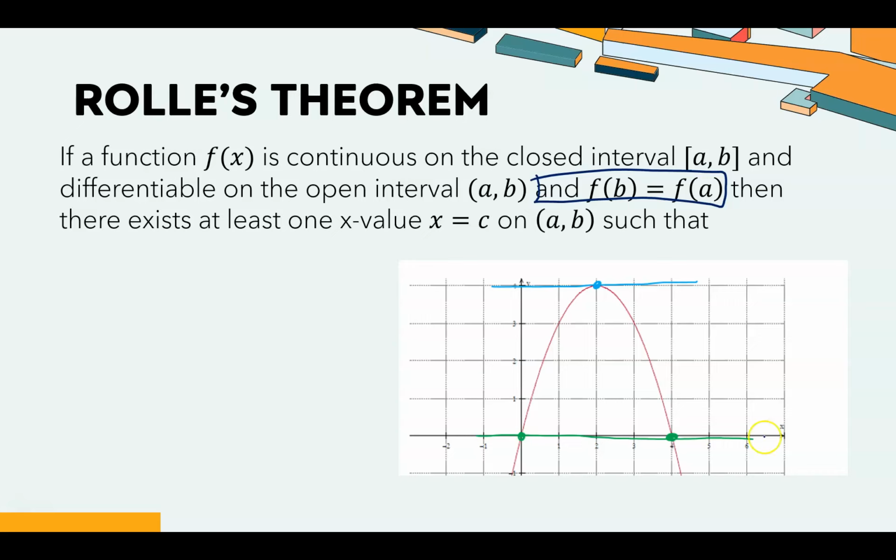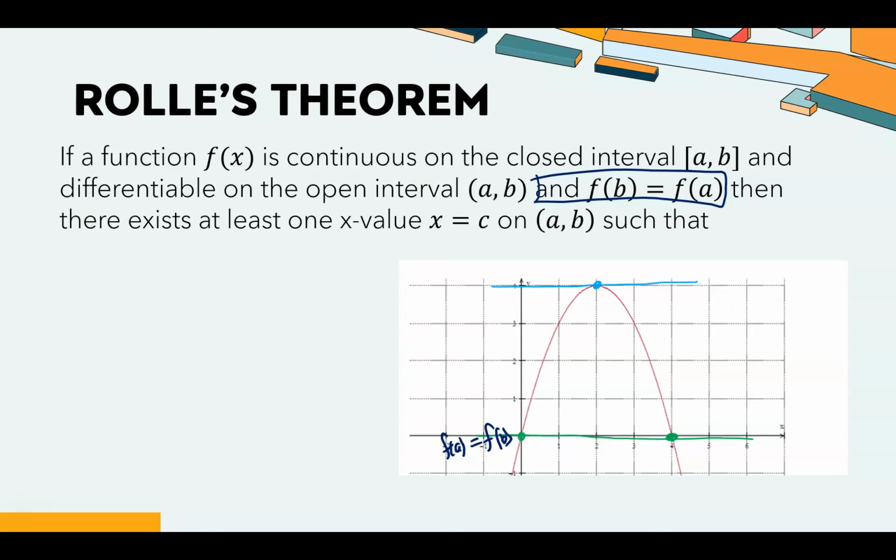Notice again we have a secant line connecting those endpoints. But if f of b is equal to f of a, that's this y value, which in this graph is 0.